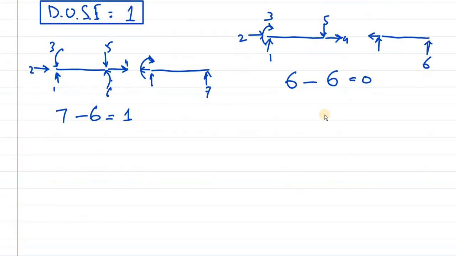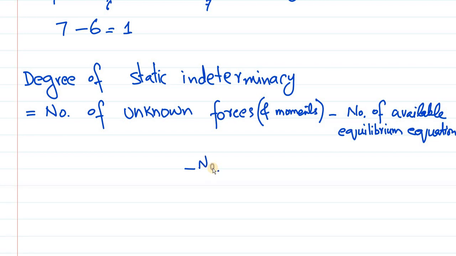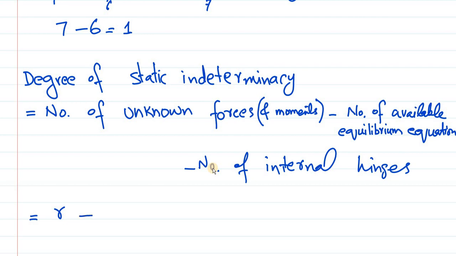So the general equation for degree of static indeterminacy would include the internal hinges. R for unknown forces, sometimes R for reactions, minus the number of available equations, which is 3, and then minus the number of internal hinges.